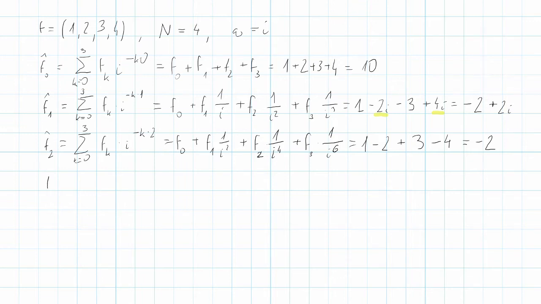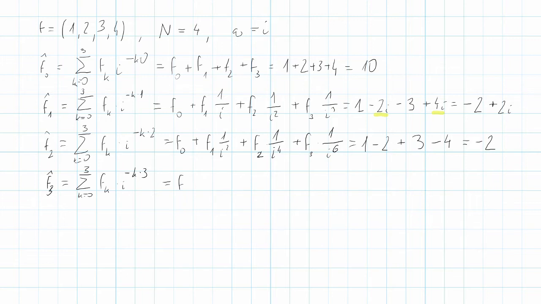And now the last coefficient of the discrete Fourier transform, this is f3 hat, is again the same sum. It's the sum over k equals 0 up to 3 of fk times I to the power minus k times 3.